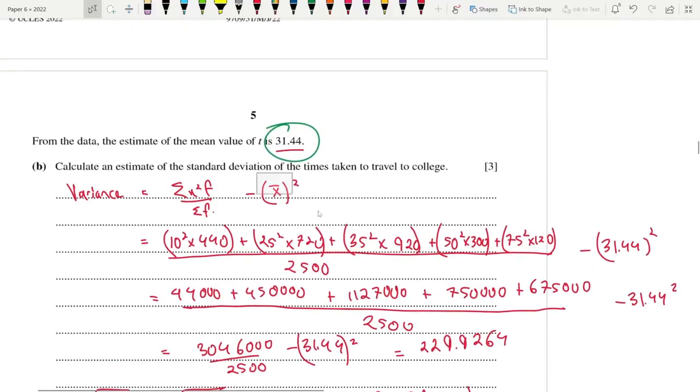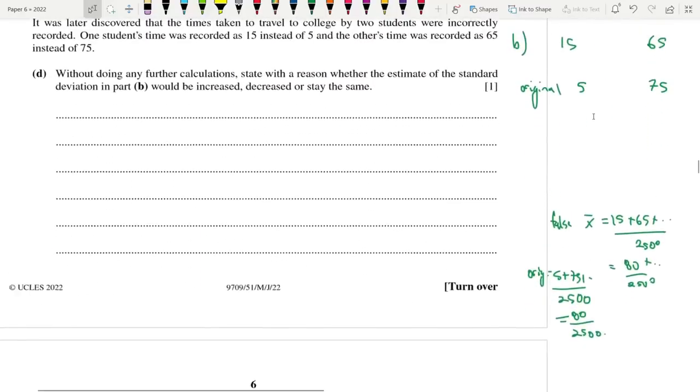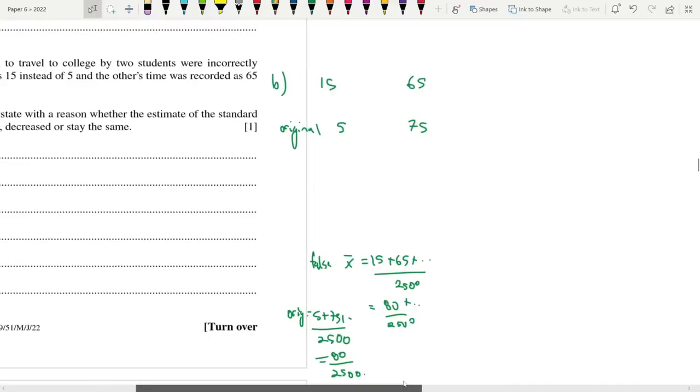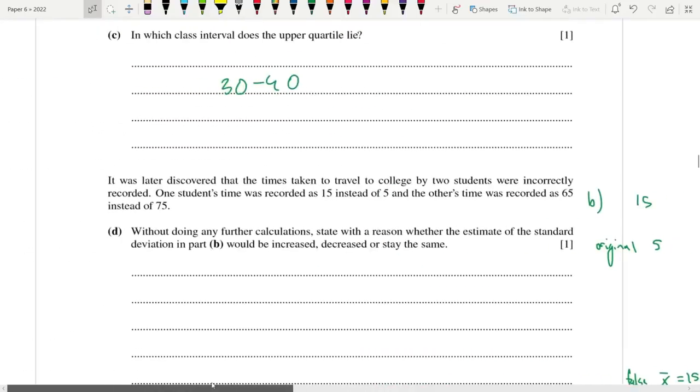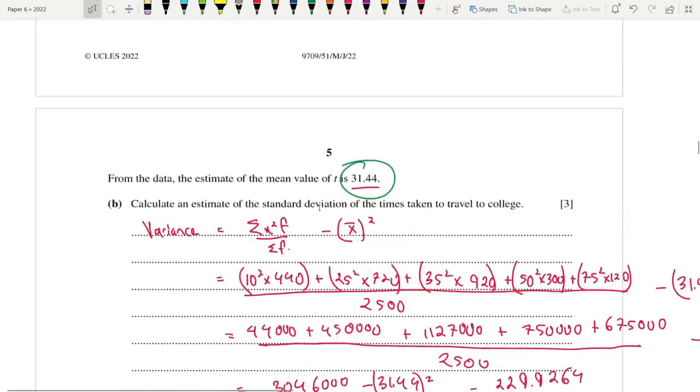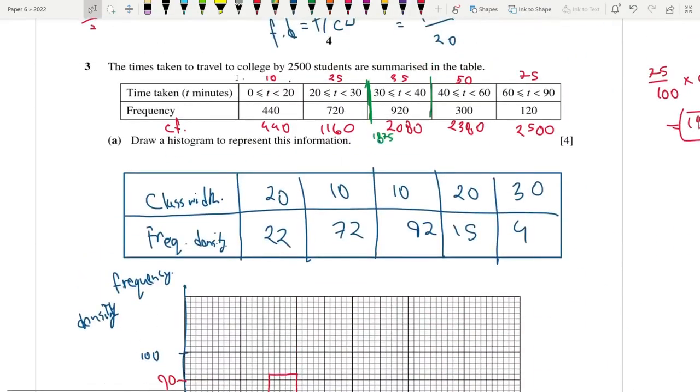So this part doesn't change. Then what changes? So the summation of f doesn't change. But what happened to x squared f? Check this out. 15 was recorded instead of 5. 5 should have been here, but 15 is also here in this class.